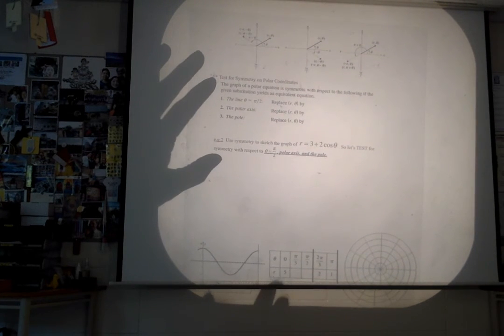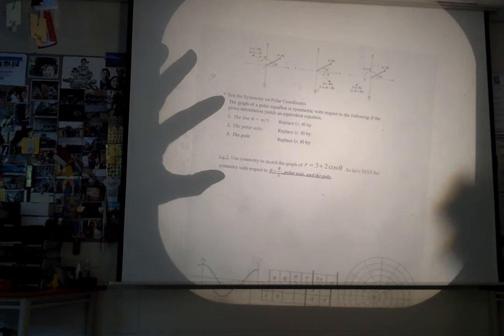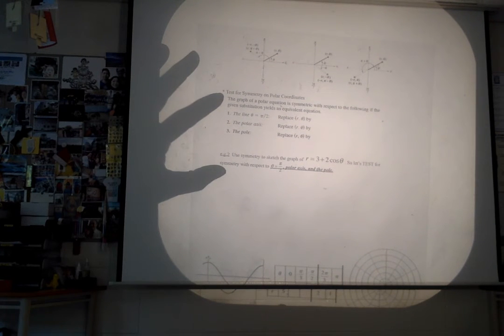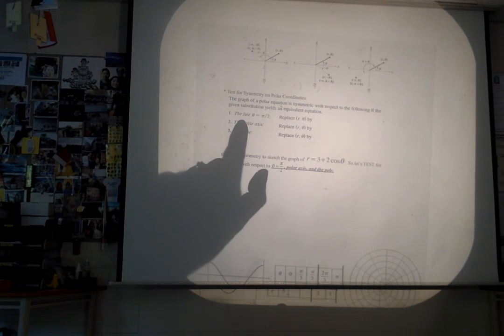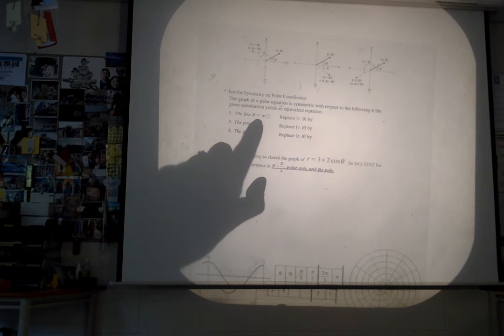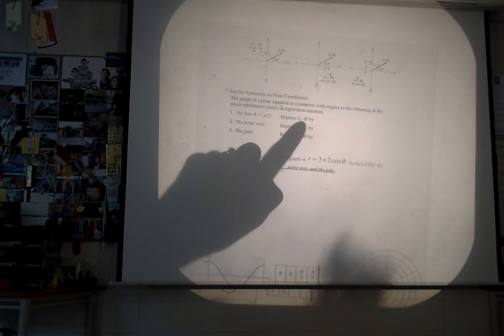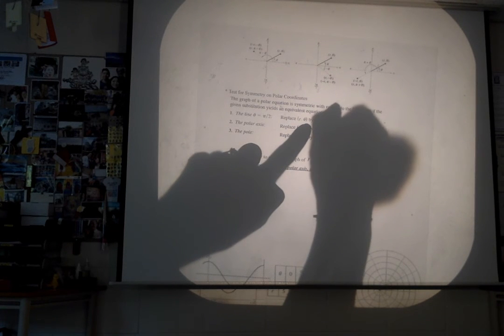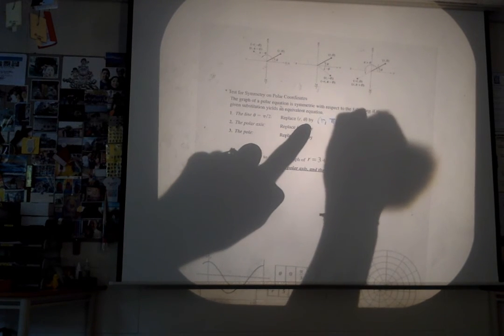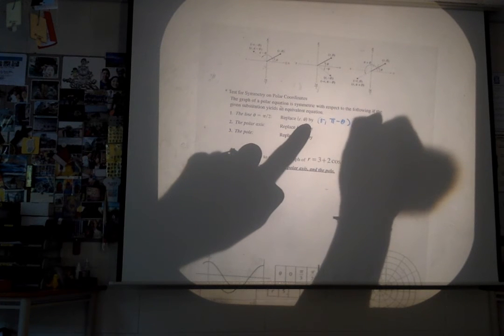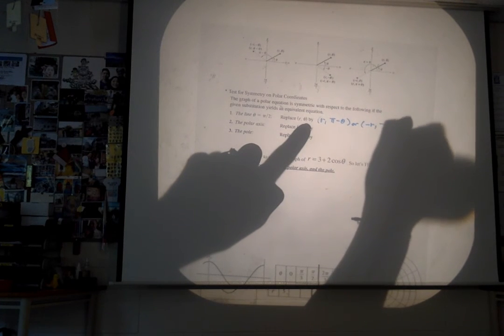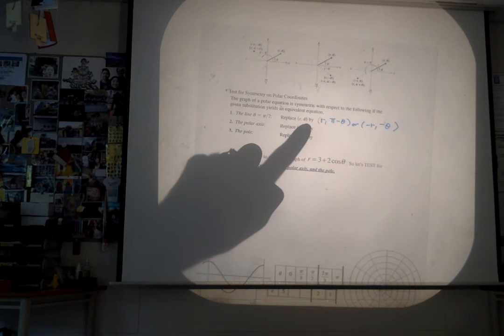Now, to test for symmetry for polar coordinates, here's what you do. The graph of a polar equation is symmetric with respect to the following if the given substitution yields an equivalent equation. For example, if you're trying to prove that something is symmetric about the line theta equals pi over 2, you're going to replace (r, theta) by (r, pi minus theta) or (negative r, negative theta).